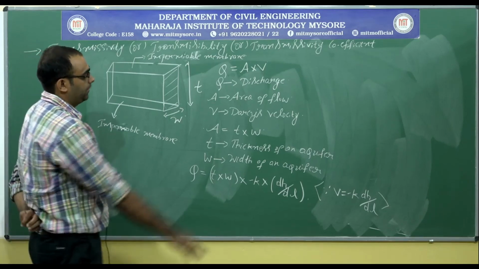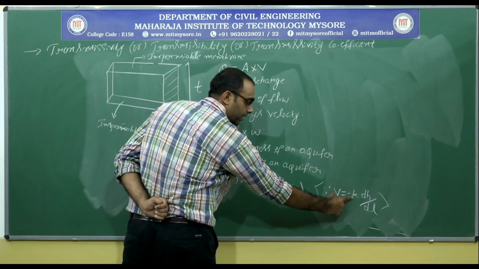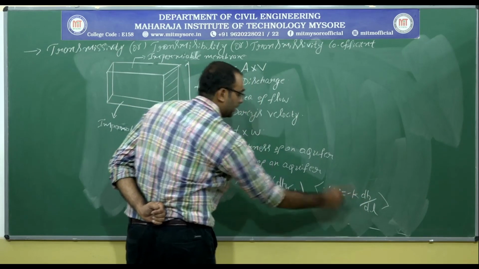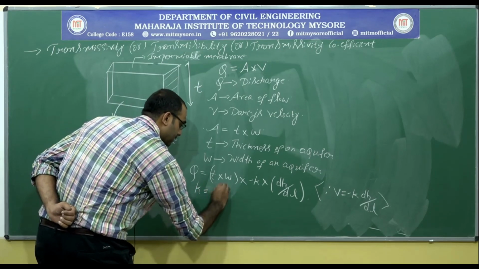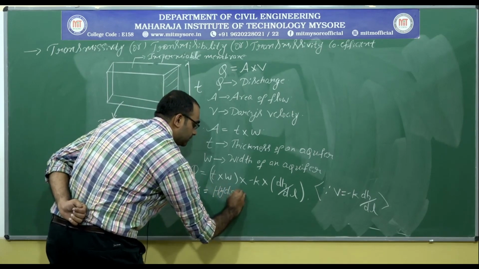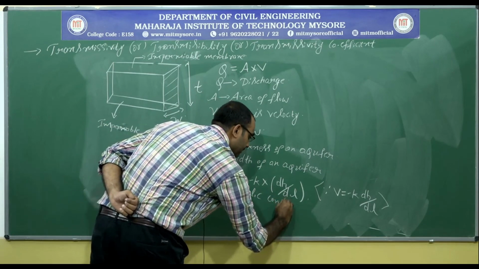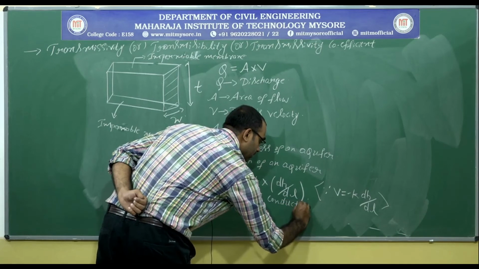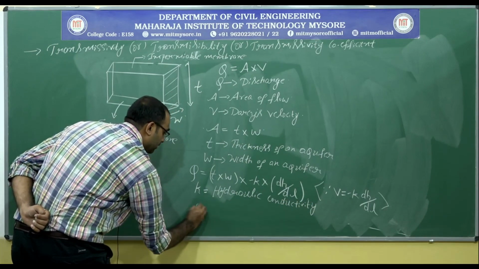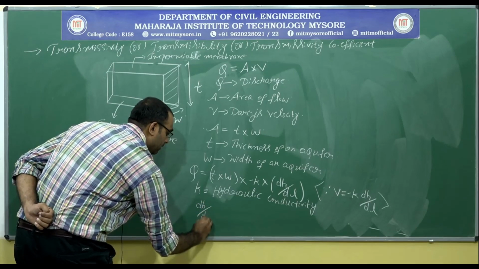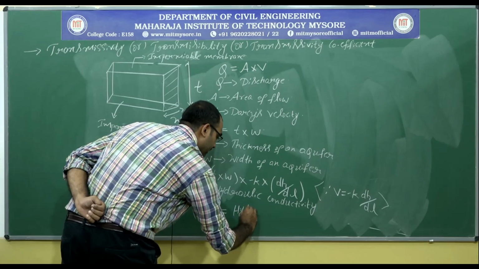Okay. After all this you have to write what is K, what is dH by dL also. Okay, what is K? K is hydraulic conductivity and dH by dL is what? The hydraulic gradient.